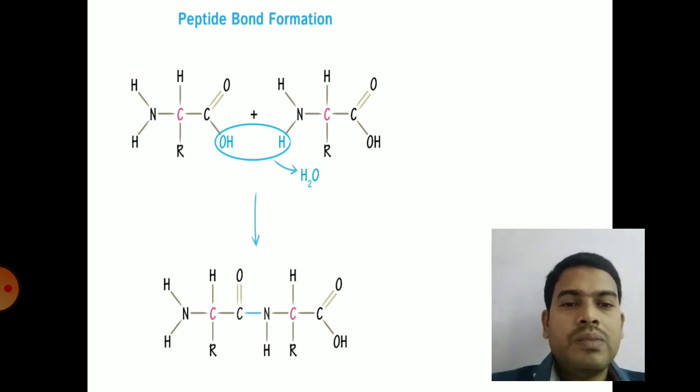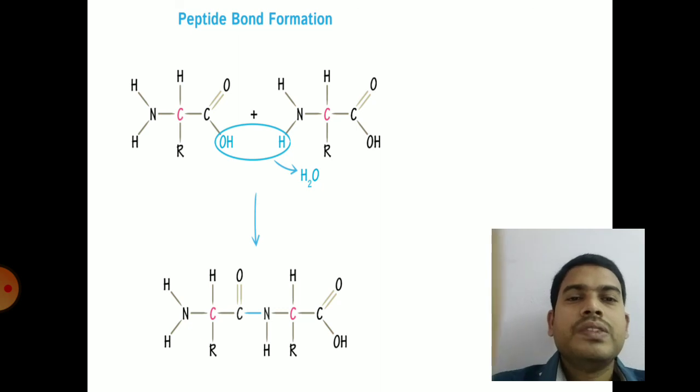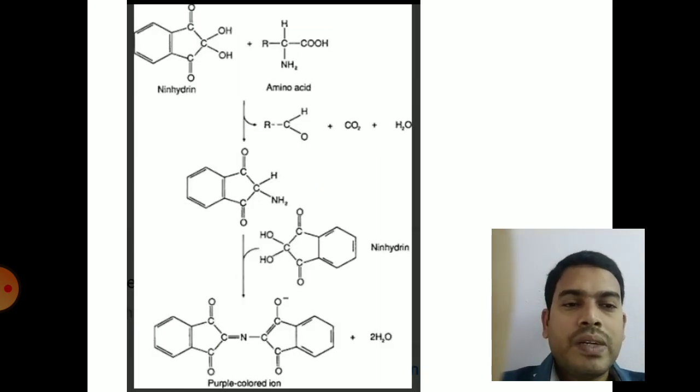A water molecule is removed and a peptide bond is formed. This type of bond you can clearly see during the translation process, which is mediated by peptidyl transferase, an enzyme which is present in the P site of the ribosome. So that is peptide bond formation.